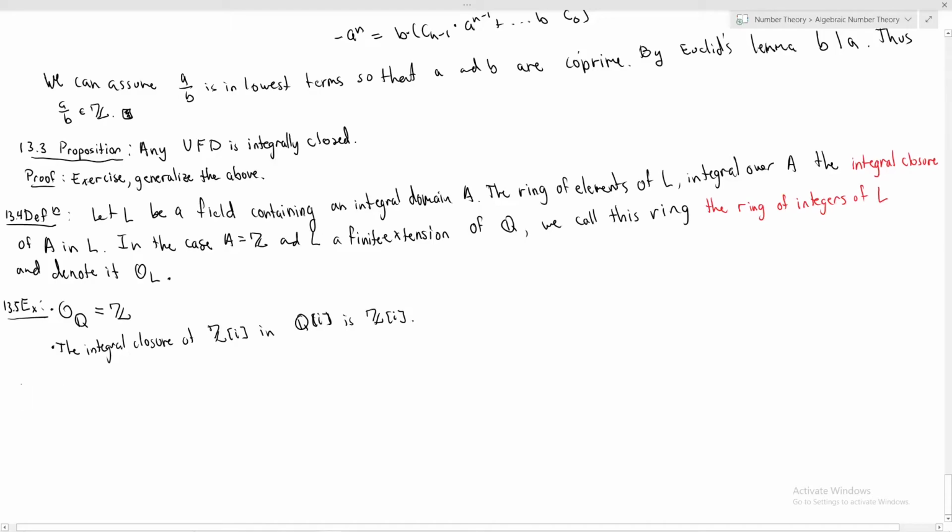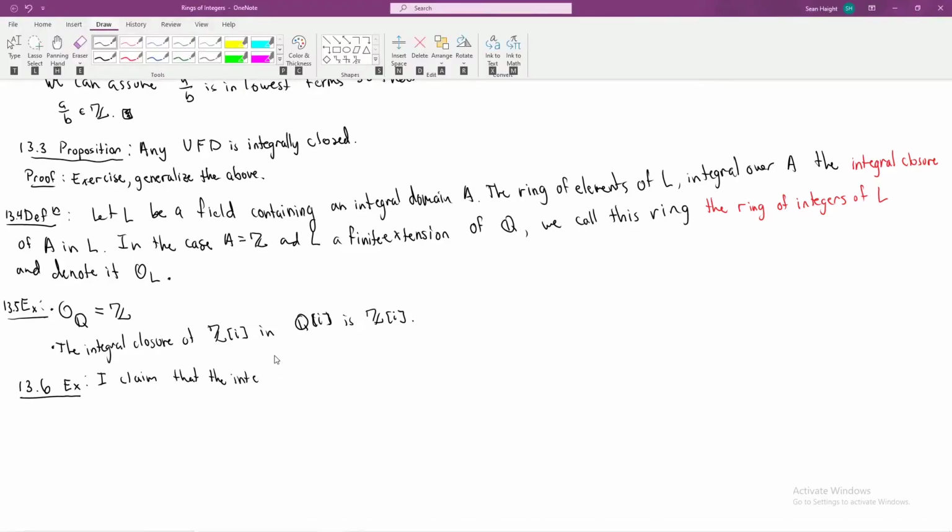Now the next example is going to take a little bit of work. So I'll call this 13.6, example. I claim that the integral closure, I guess first I should start off with the preliminaries.